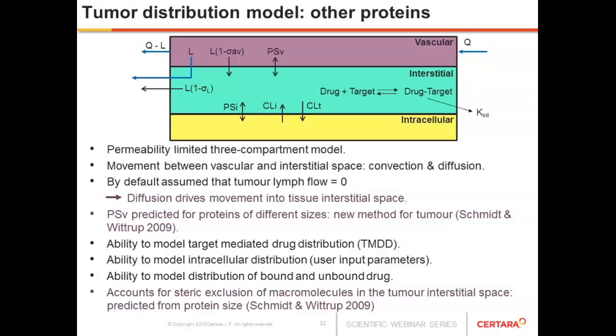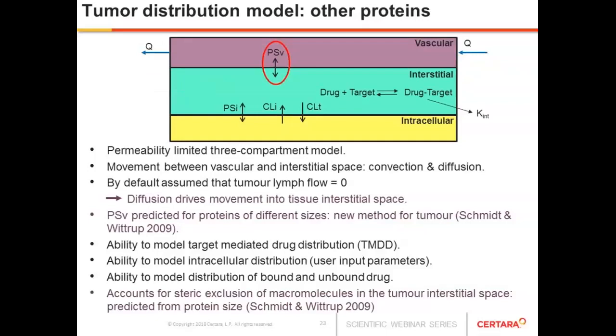And this means that when we make this assumption, lymph flow and therefore convection is no longer an important mechanism for the movement of drug from the vascular to the interstitial space, and movement is instead driven by the passive permeability or the diffusion into the interstitial space. And we've incorporated as part of the model a prediction method based on the published method of Schmidt and Wittrup in 2009 to predict the distribution and the passive permeability of proteins of different sizes from the vascular to the interstitial space.